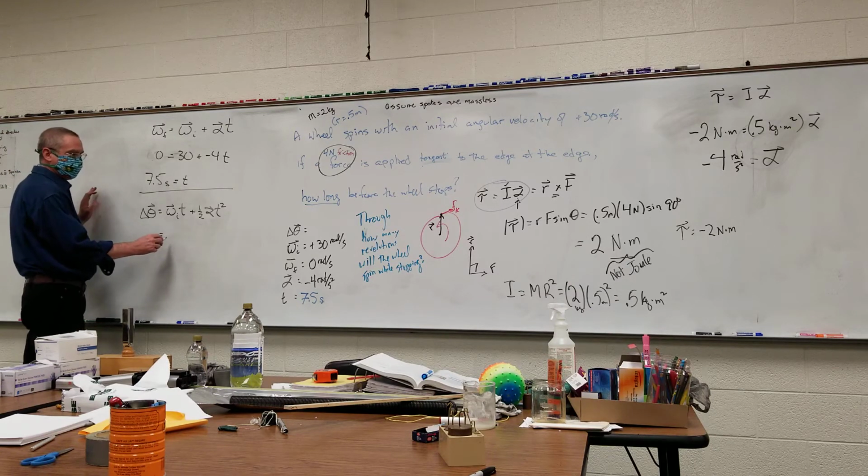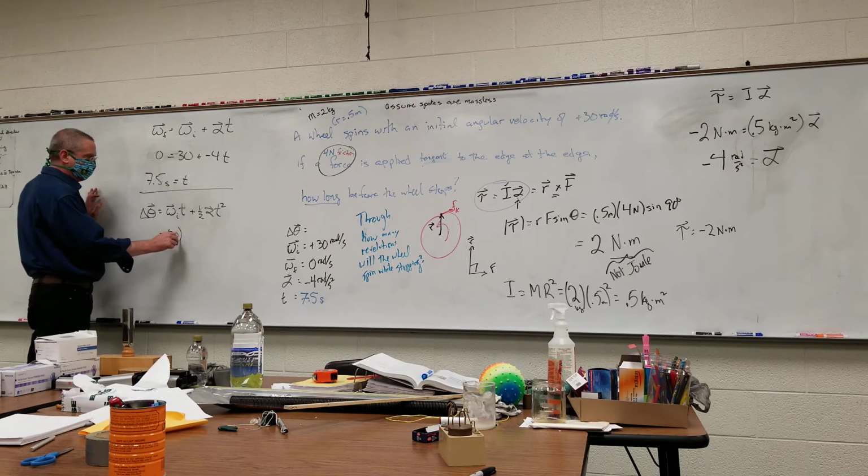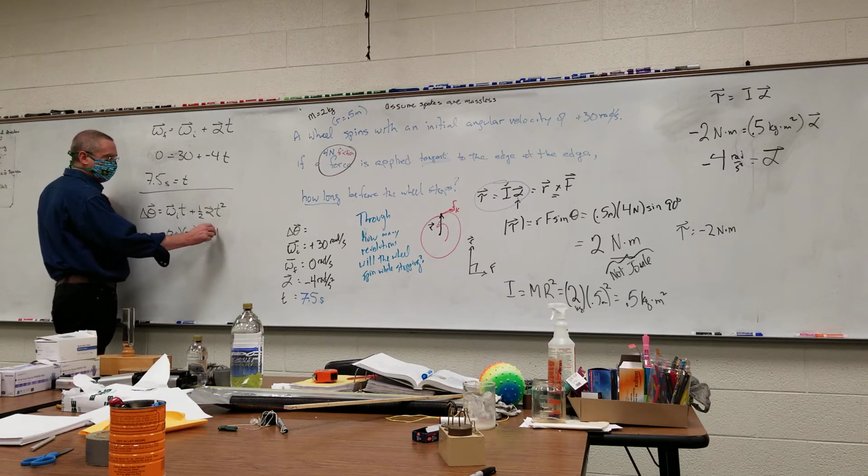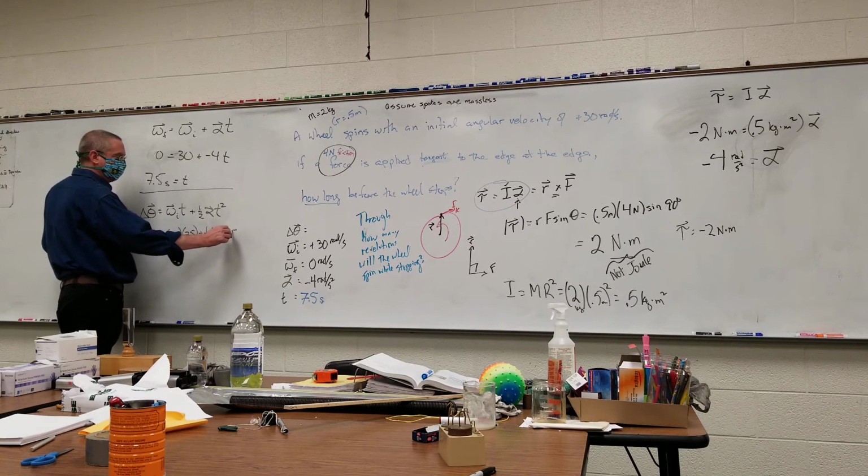So that is equal to 30 times 7.5 plus 1/2 times -4 times 7.5 squared.